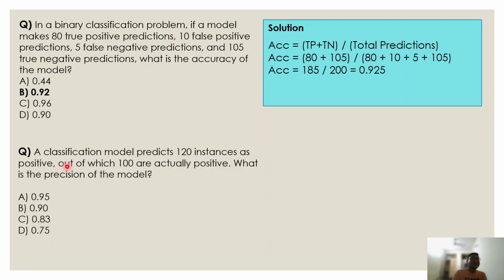The next question: a classification model predicts 120 instances as positive, out of which 100 are actually positive. What is the precision of the model?